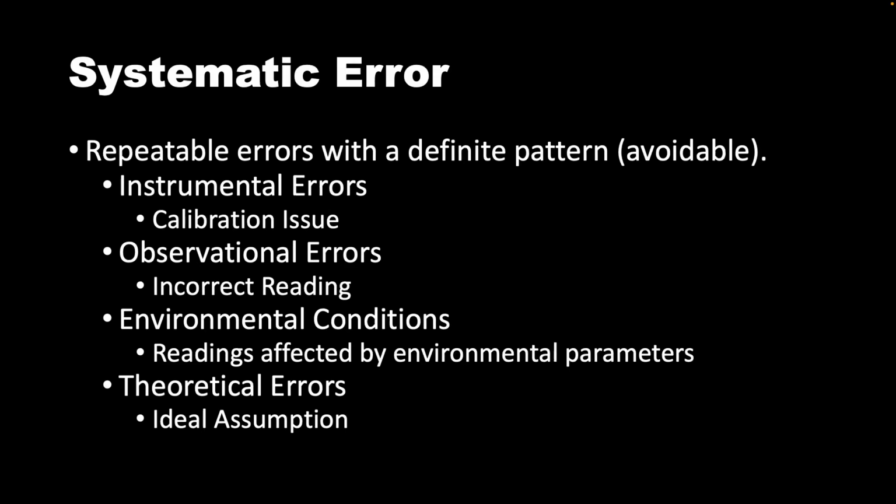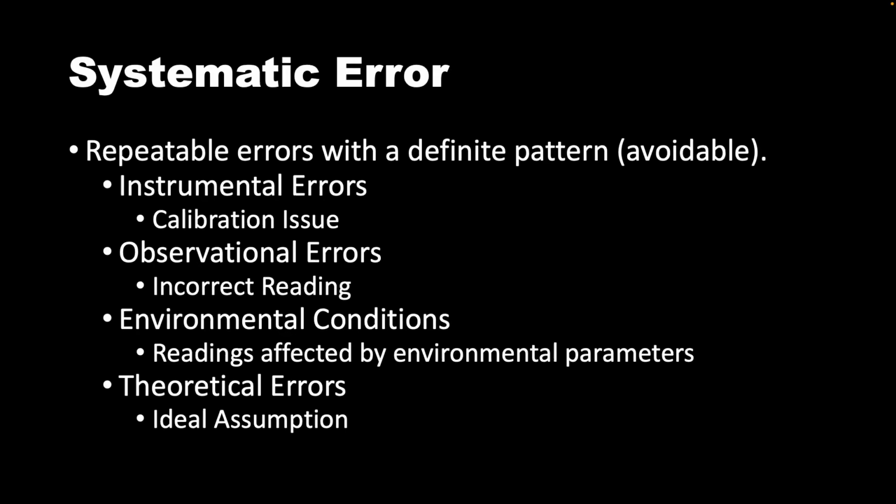The fourth kind of error is theoretical errors. Here we often study physics with very large assumptions, or we study ideal cases. For example, we always solve problems of force with the assumption that there is no friction while sliding.